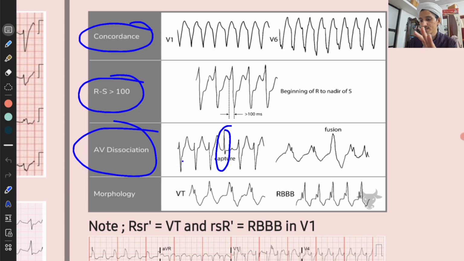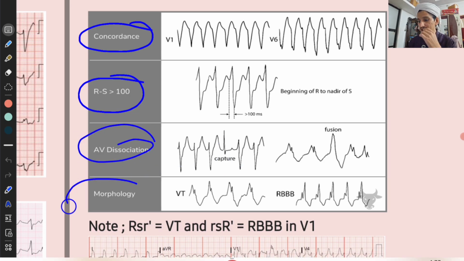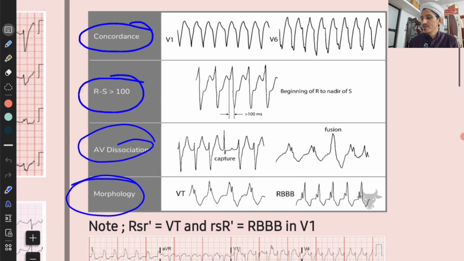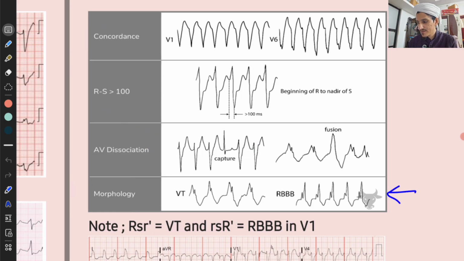Now moving on to the fourth feature, the morphology of ventricular tachycardia. In V1 you can see an M pattern, and you remember the rabbit ears.